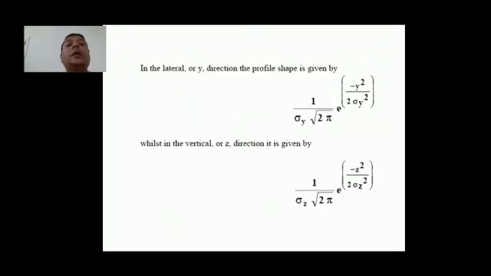In the lateral y direction, the profile shape is given by 1 divided by sigma y into root 2 pi into e power minus y square divided by 2 sigma y square. While in the vertical or z direction, it is given by 1 divided by sigma z into root 2 pi into e power minus z square divided by 2 sigma z square.